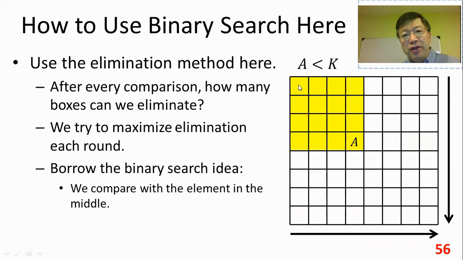Based on the condition, this element should have a value less than or equal to this one, because of the column increasing order. Then its value, based on the row condition, should be less than or equal to A.